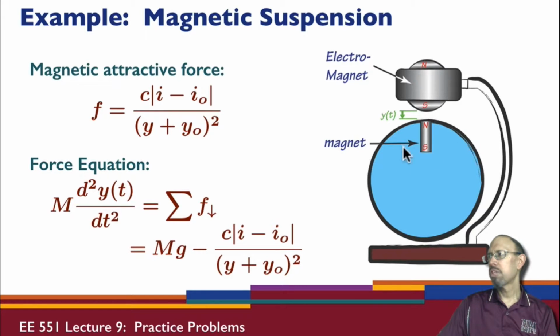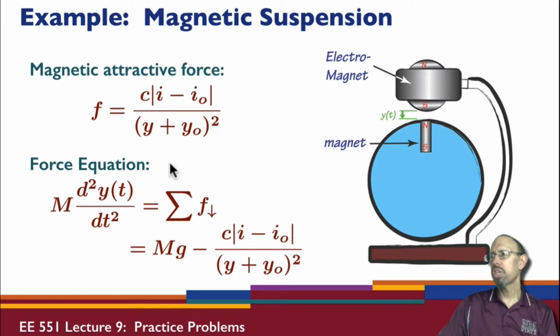So here is our magnetic suspension system. It can be described this way. I have a globe with a magnet in it, and I have an electromagnet at the top, so that the north and south attract each other, and the force of attraction is given by this equation.